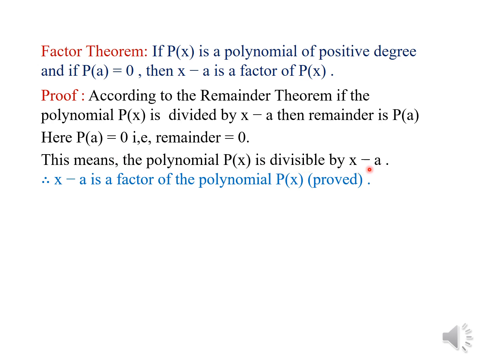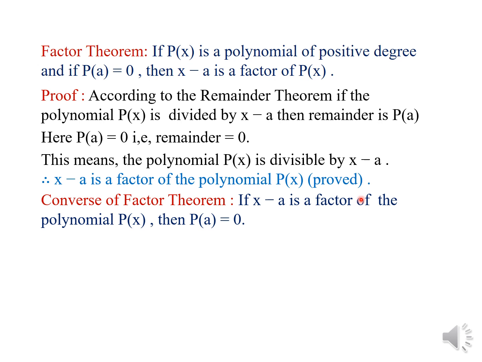If remainder is 0, that means dividend is equal to divisor into quotient. What does it mean? It means that here divisor and quotient both are factors of dividend. That is, x minus a is a factor of the polynomial p of x.